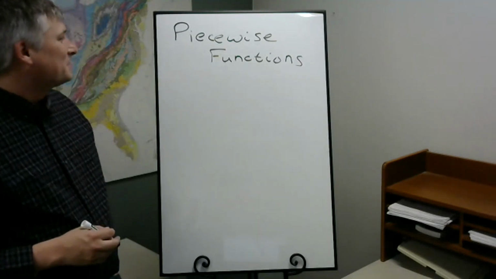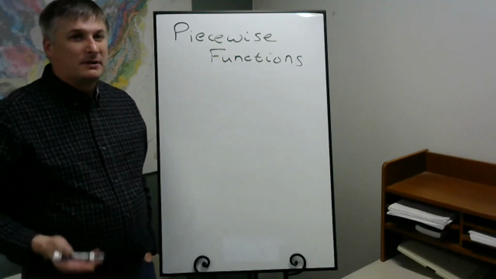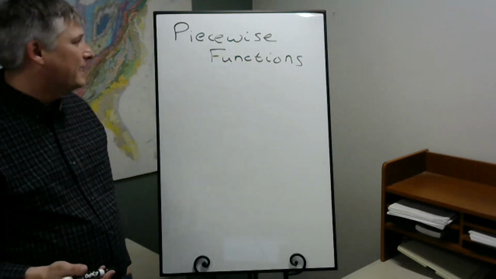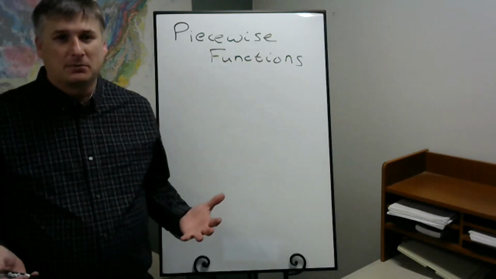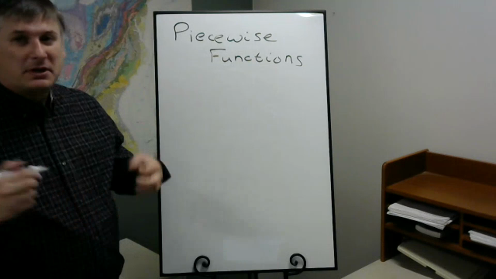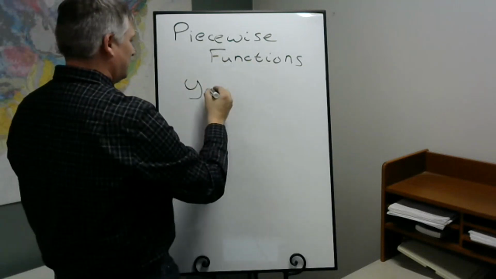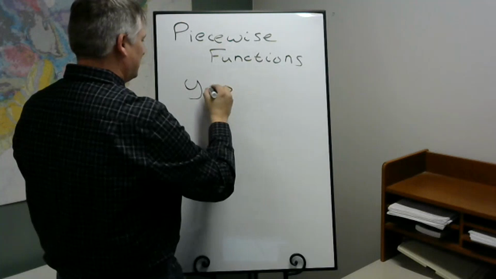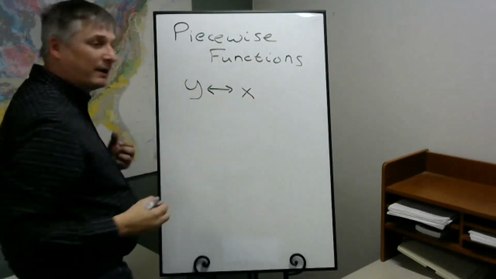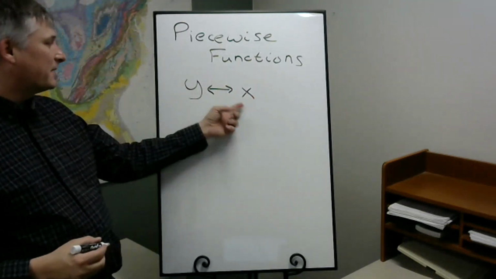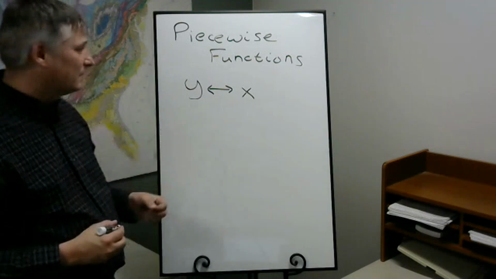So what I'm going to be talking about now are piecewise functions. And why are we interested in piecewise functions? Well, we have a relationship between y and x, the independent variable and the dependent variable.